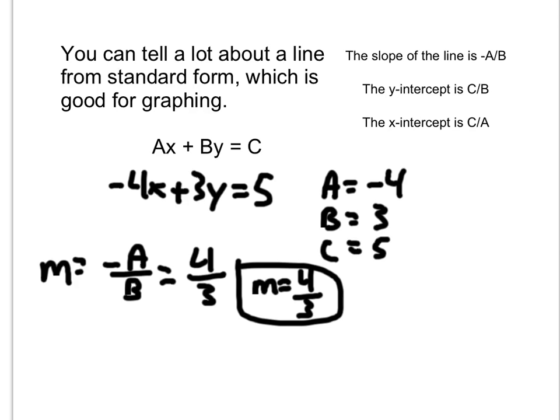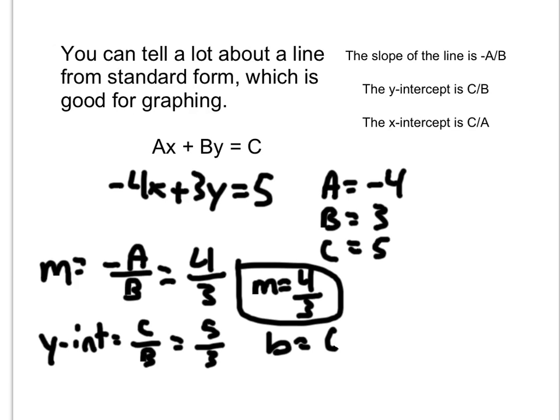Okay? The y-intercept is c divided by b. So my y-intercept is c divided by b, which in this case is 5 divided by 3, or 5/3. So my y-intercept is (0, 5/3).